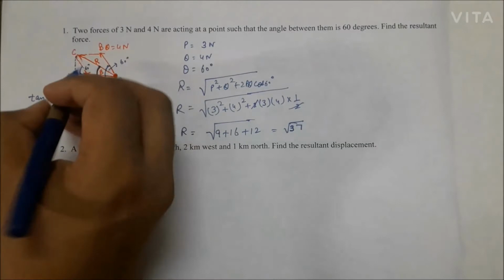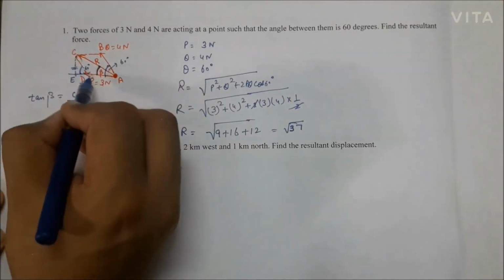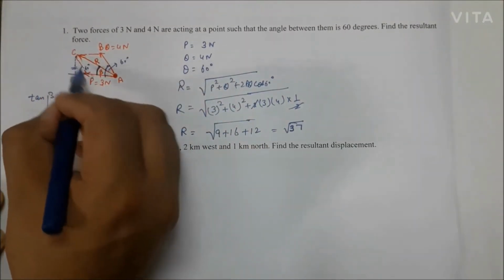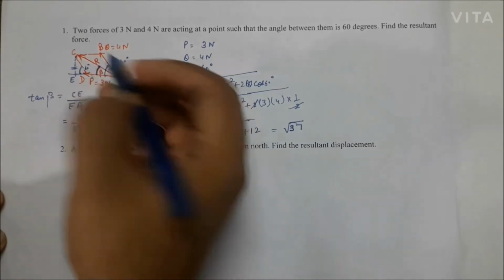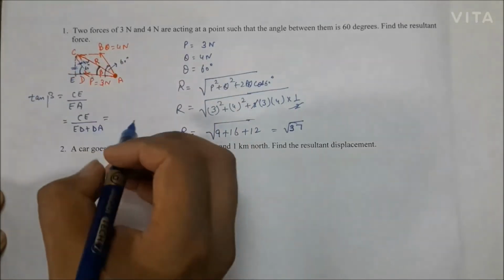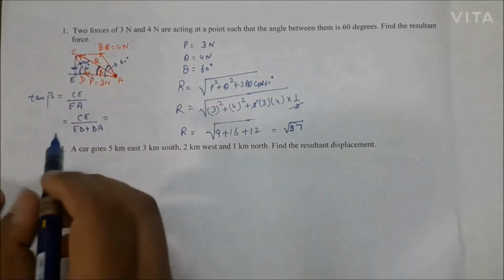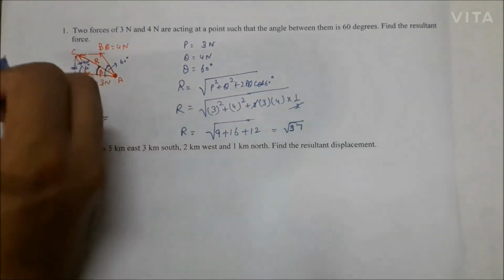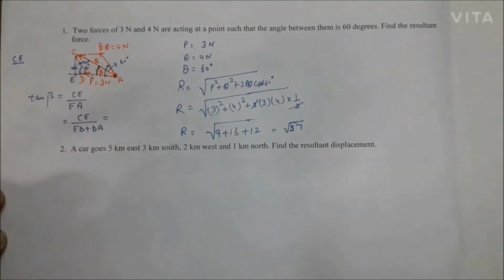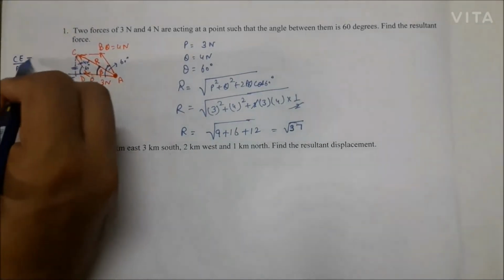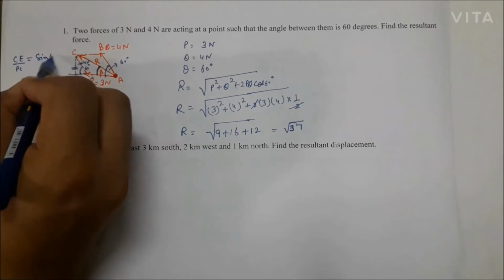Now what is the value of CE? Not known to you, but the value of this DC is known to you, that is 4 newtons. Now DC is 4 newtons. So what will be the value of CE? You can use simple trigonometry here. Perpendicular upon hypotenuse comes out to be sine theta.